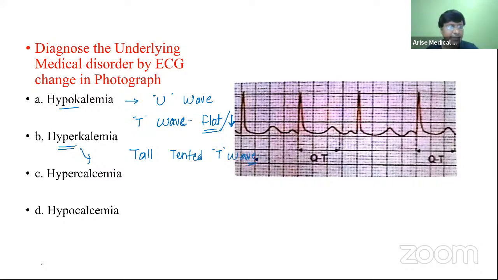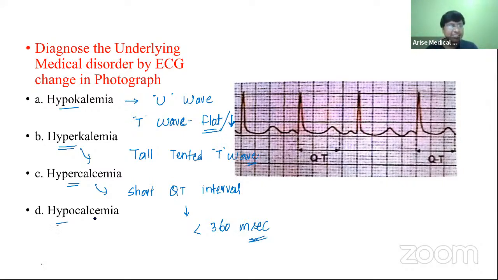And in hypercalcemia, you will have a short QT interval. That means the QT interval will be less than 360 milliseconds.